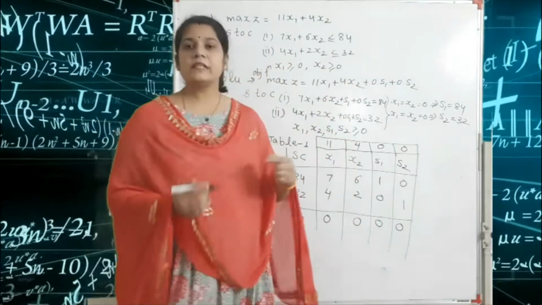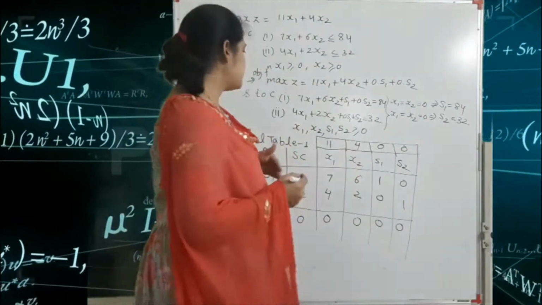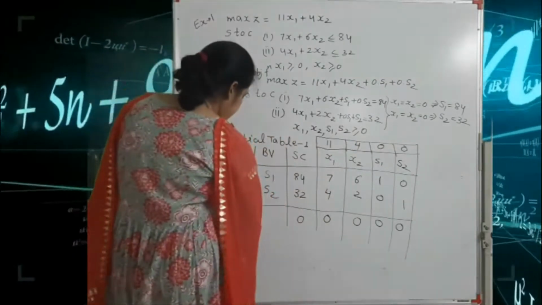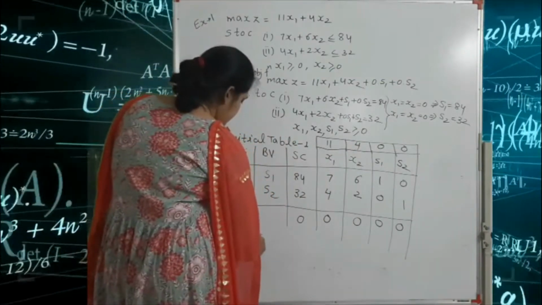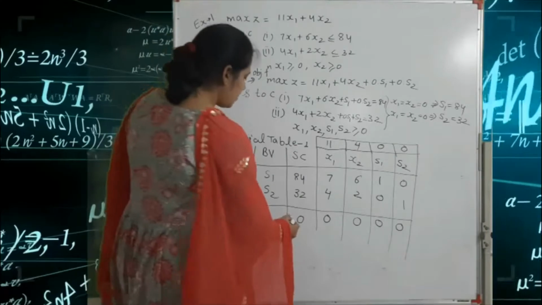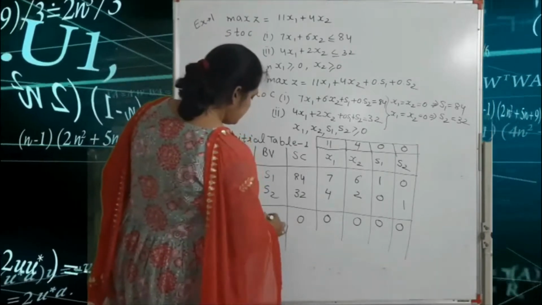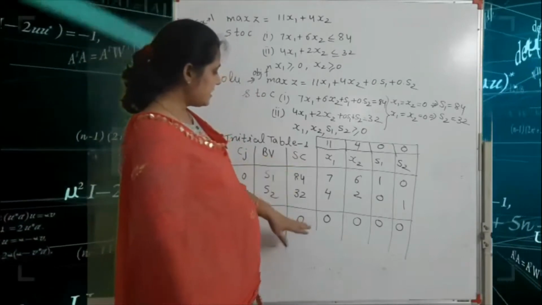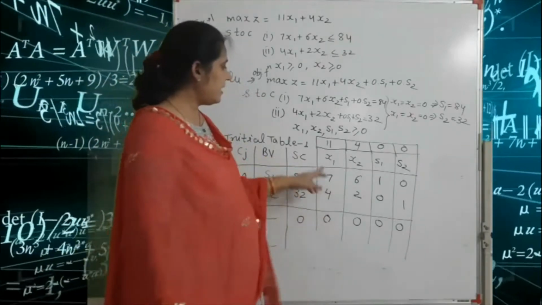Okay, so next we find the Zj minus Cj. This is the Cj coefficient, so we write Zj minus Cj. According to Zj minus Cj, here we write the dash value. This is our Zj and this is our Cj.